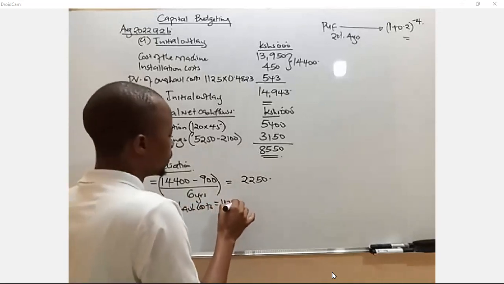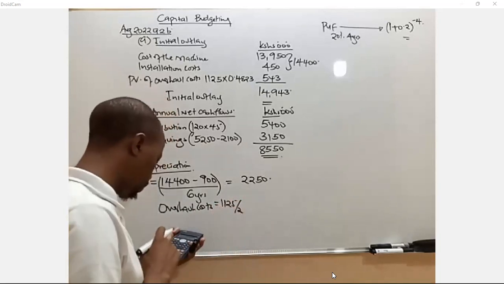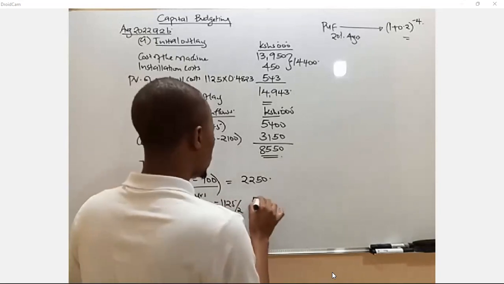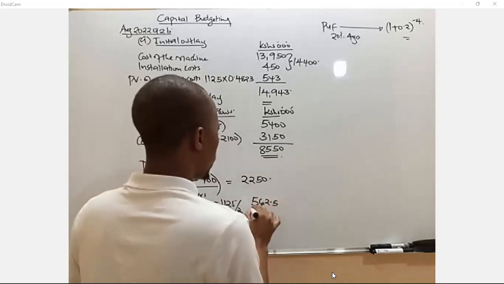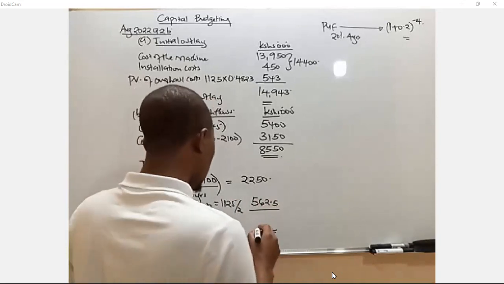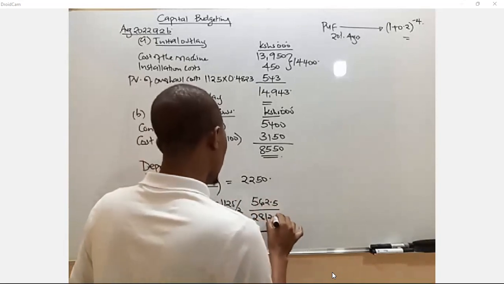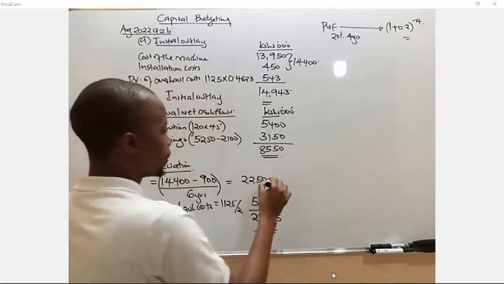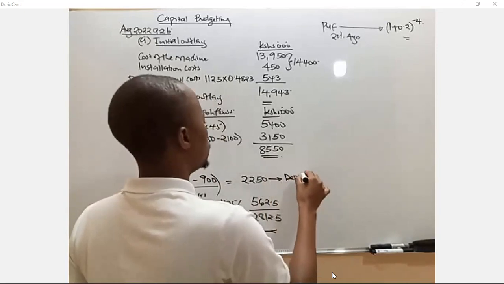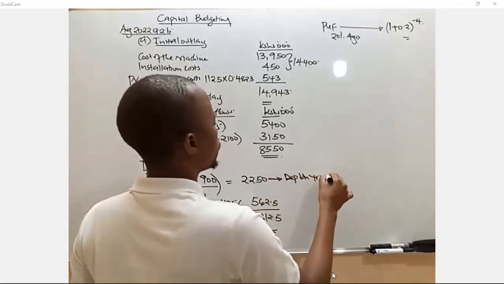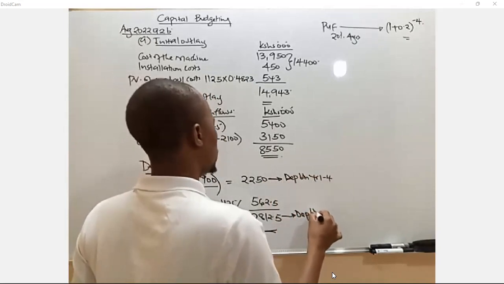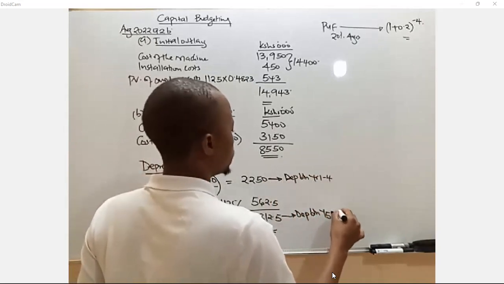I'm going to be taking 1125 divided by 2, I get 562.5. Then you get the total plus 2250, getting 2812.5. Now, this will be the depreciation between year 1 to year 4, and this will be the depreciation between year 5 and year 6.